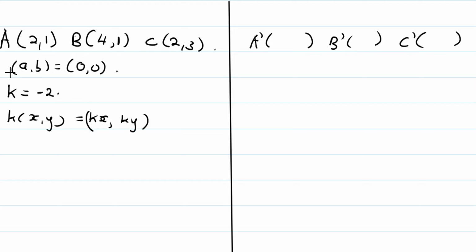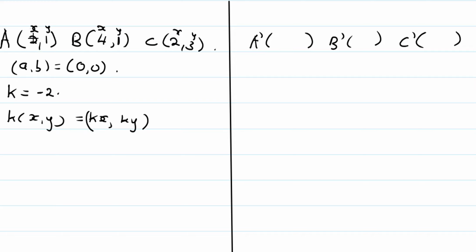Meaning I take all the x coordinates from here, this one, this one, and this one, and multiply by the scale factor, which in our case is -2. Then I repeat the same for the y coordinates, this one, this one, this one, multiplying them with K, which is still -2. So we can do that, and then we put the new coordinates of the enlarged triangle here.